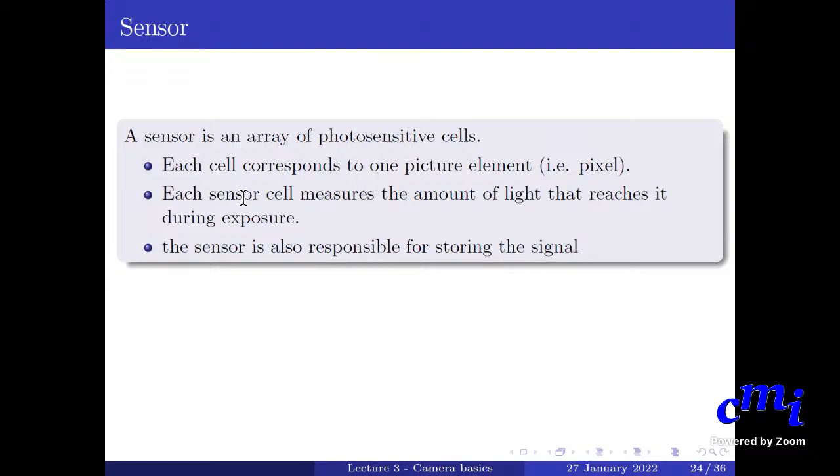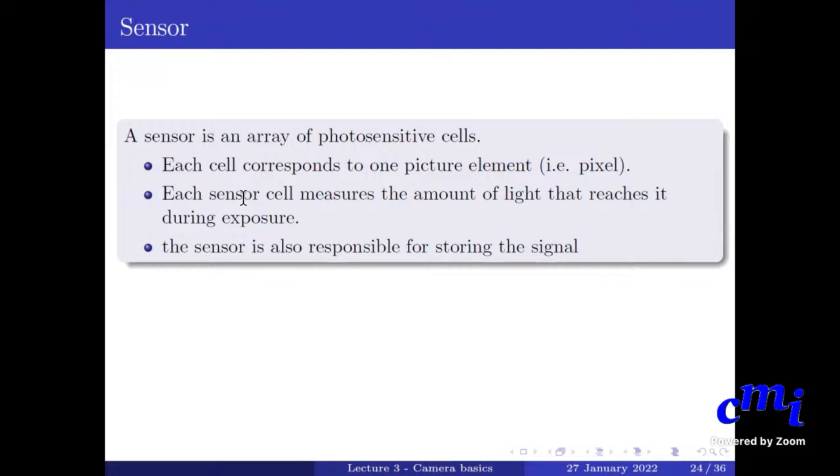Okay, so let's look at a sensor. The sensor is like a chip on which the pixel cells are arranged. Each cell on that chip corresponds to one pixel, that is one picture element. What every sensor cell does is that it measures the amount of light that falls onto it when the lens is exposed.